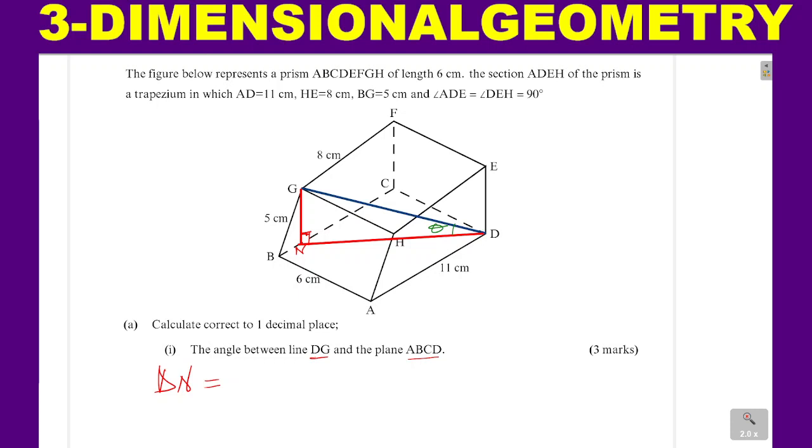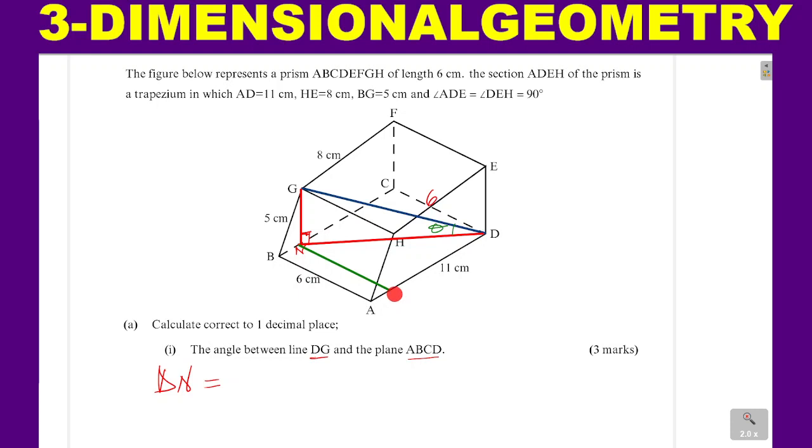This side CD is 6, and then we have CN. For us to get CN, we need to add another line here, drawn from this point down.